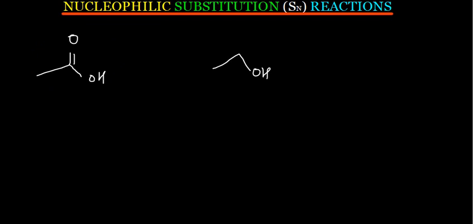So we can as well compare two acids to see which one is going to be a much stronger acid. Let me also say this is also an acid, but here let me put chlorine this side. Let's say we have got a chlorine there. Which one is going to be a much stronger acid in this case? To see that, we are going to look at the inductive effect.